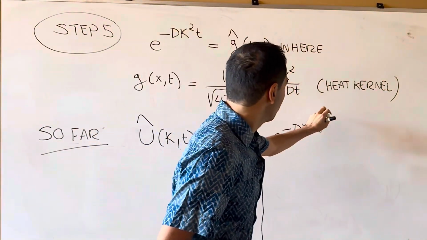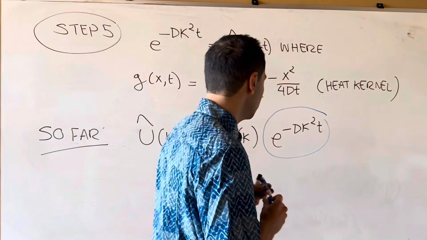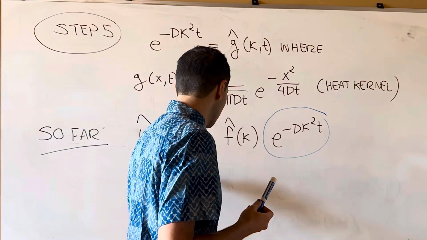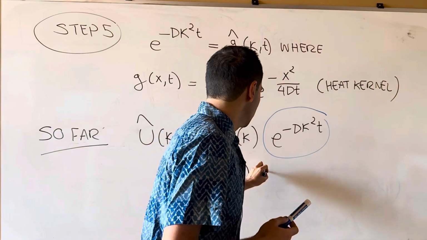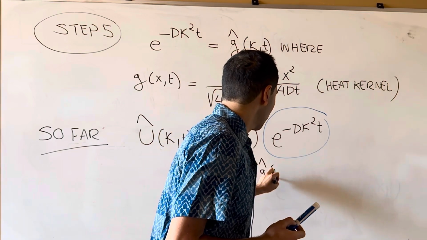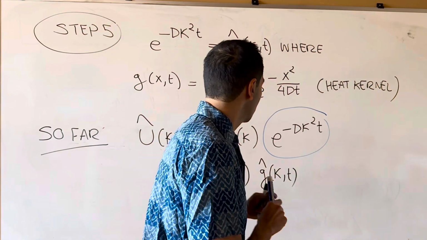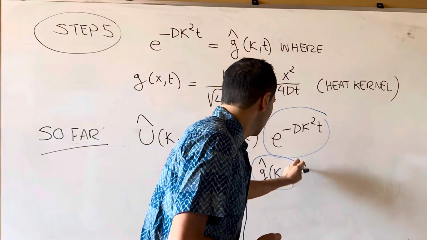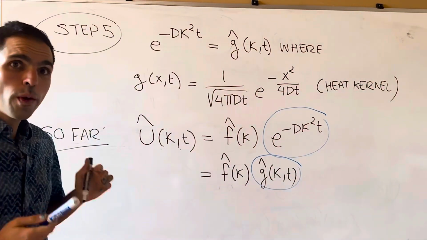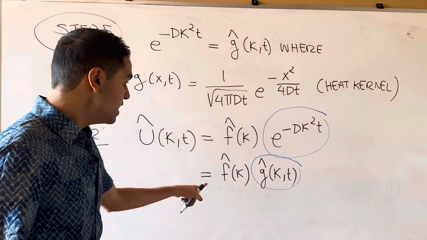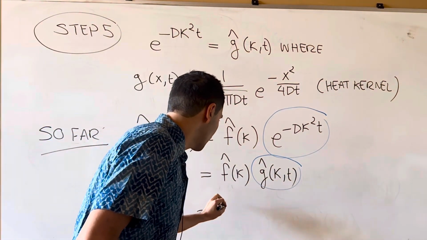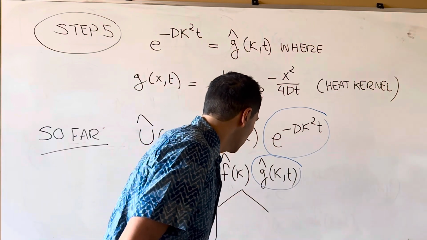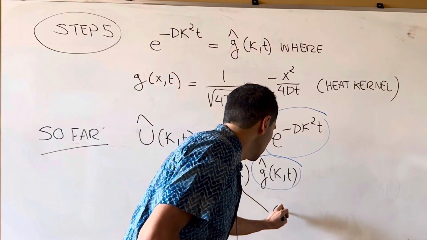However, now what we found is that this is the Fourier transform, f hat of kappa, and then g hat of kappa, t. And remember, the idea is to write this as a single Fourier transform of something capital T.